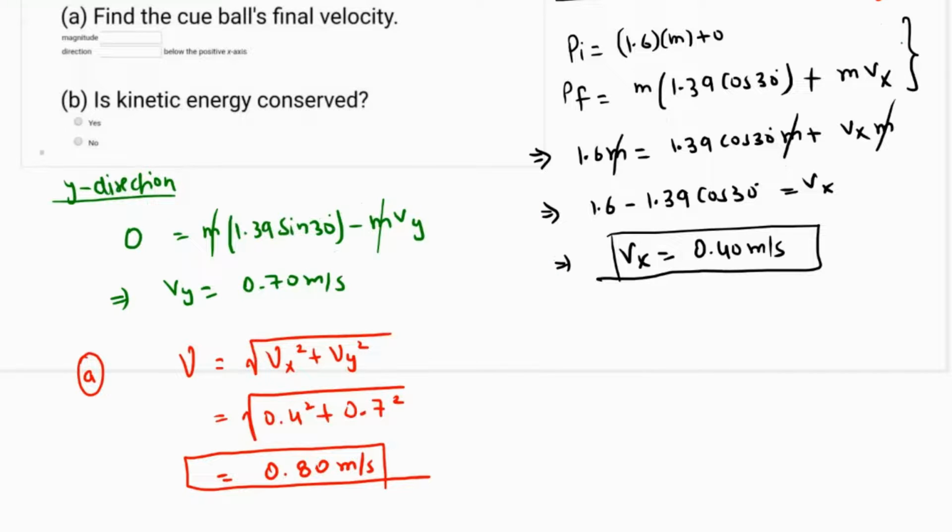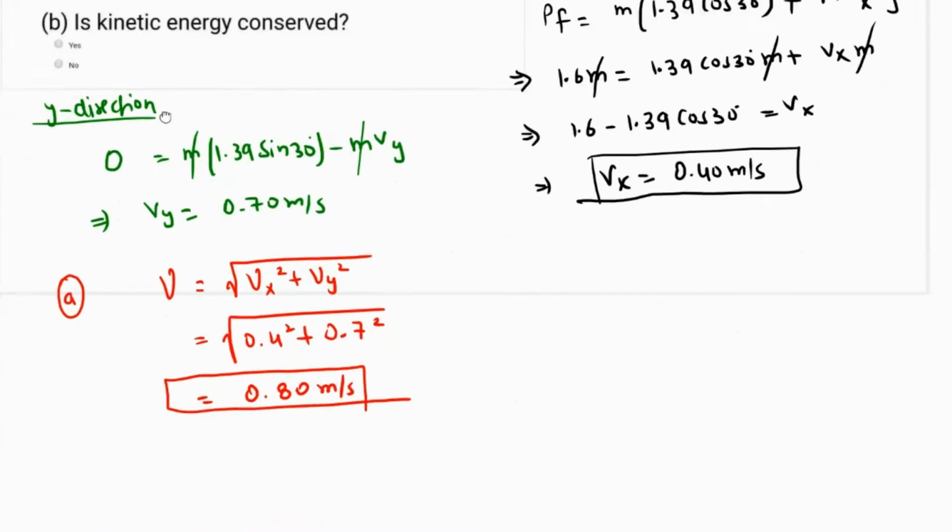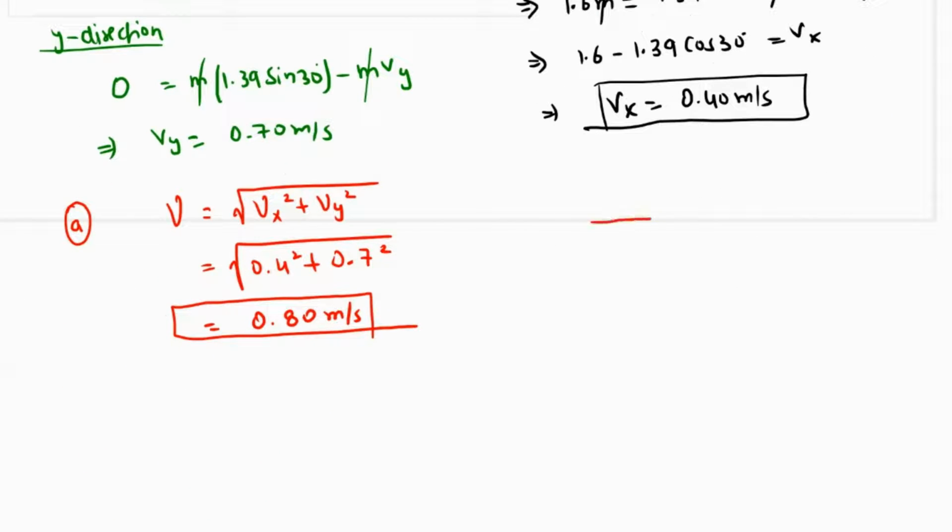And if we talk about the direction below the positive x-axis, they are talking about this particular direction. I'll just draw it over here. This is the direction which they are looking for, and this is vx. Let's call the direction alpha. This is vx and this is vy. So tan of alpha is going to be opposite, which is vy, over adjacent, which is vx.